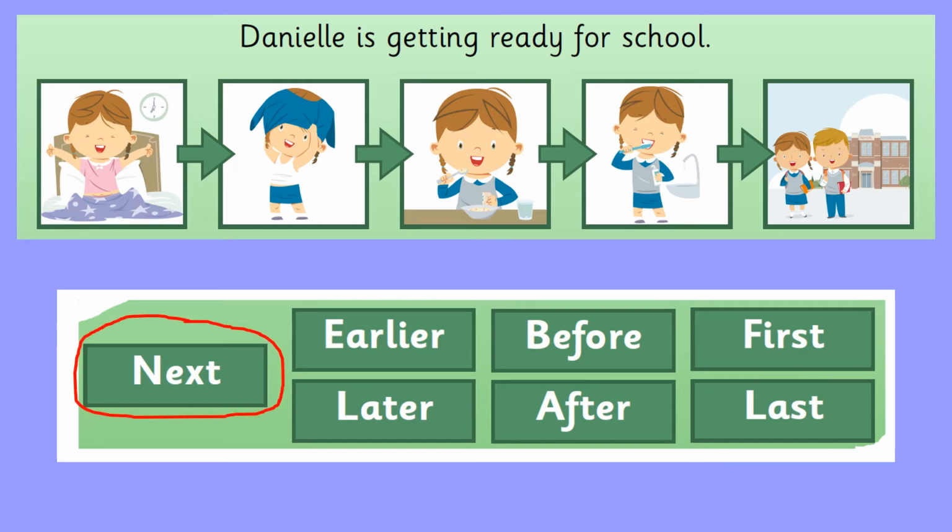The words are next, earlier, later, before, after, first, and last. Now I'd like you to pause the video and, with an adult's help, I want you to talk about Danielle's day, trying to use as many of these special words as possible.